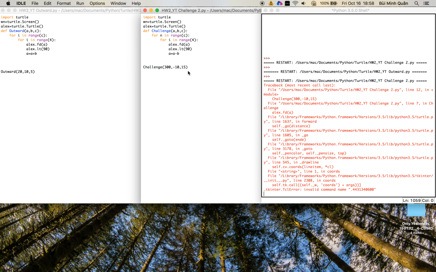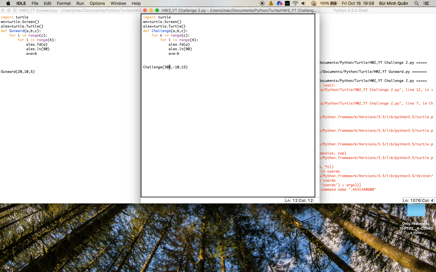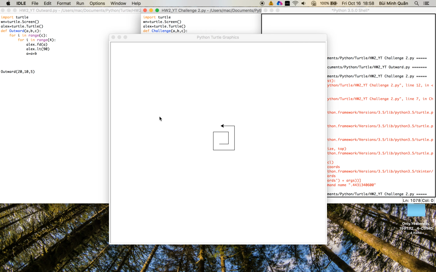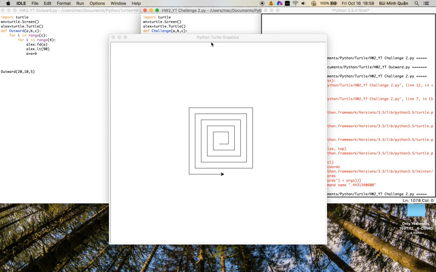Way too long. I make it smaller again, and make the loops 8 times so it will be faster. We will see if it becomes the inward again. I don't think so.